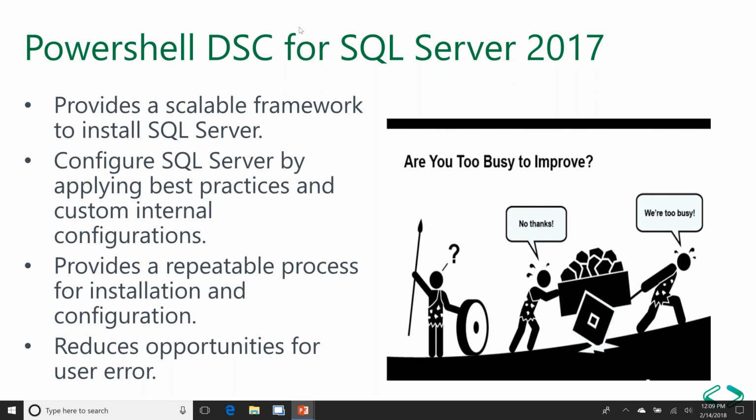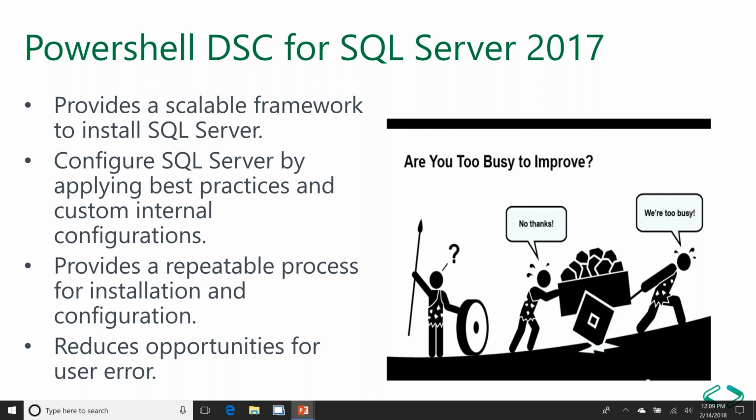So my goal for this was to set up a scalable framework that our team could use for installing SQL Server in a repetitive way that includes all of the best practices that we've come together as a team and said, hey, we want every server that we build to look like this. Of course, there may be some deviations depending on the purpose of that server, but this is the base configuration that we want to see everywhere.